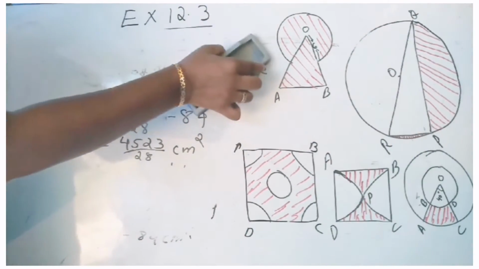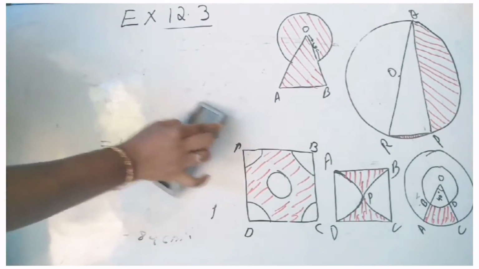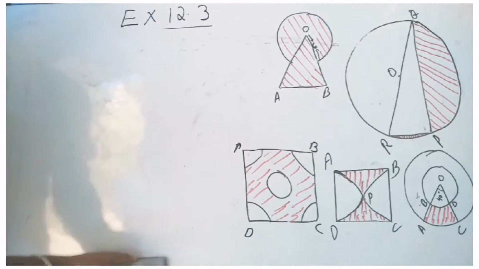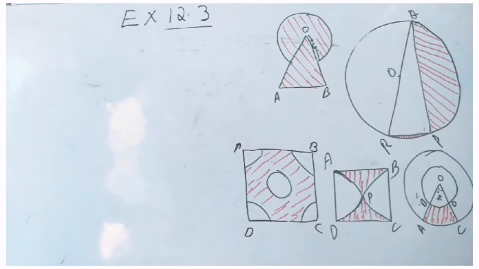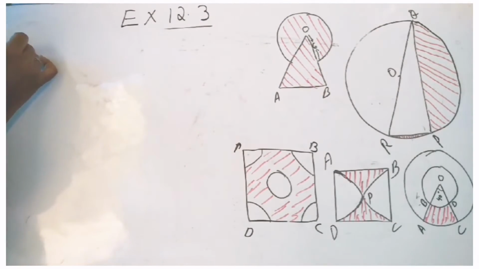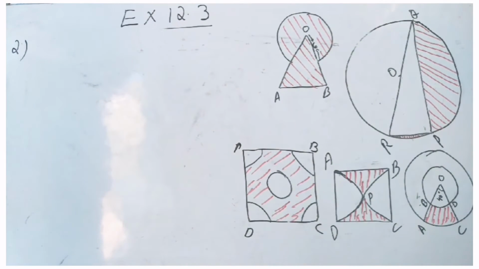In that figure we have two concentric circles and the radii of those concentric circles are given in the question. The radius of the first circle is 7 centimeter, and the radius of the second circle is 14 centimeter.